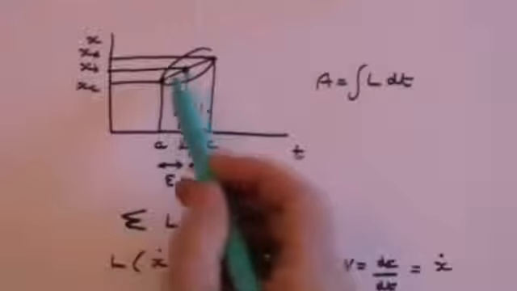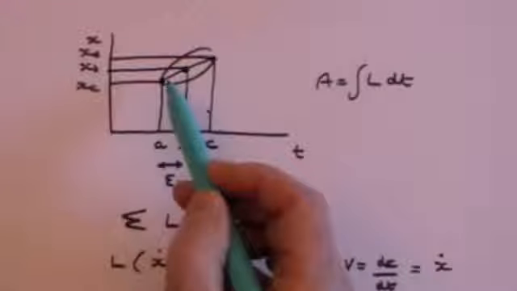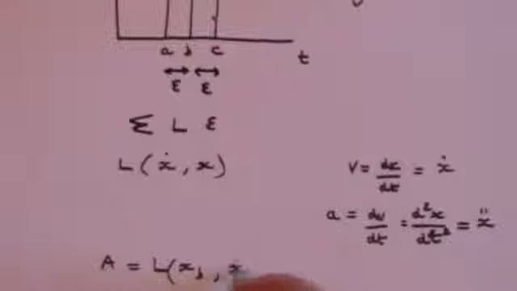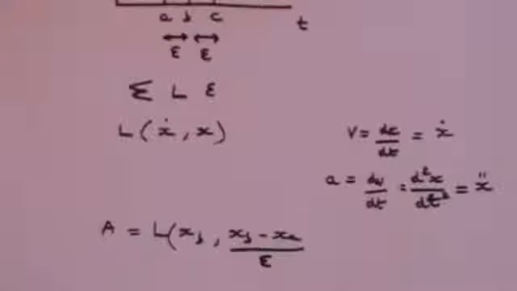The distance is xb minus xa, that's how far up it goes, in time epsilon. So the velocity is xb minus xa divided by epsilon. And that's, as it were, the Lagrangian associated with going from A to B.